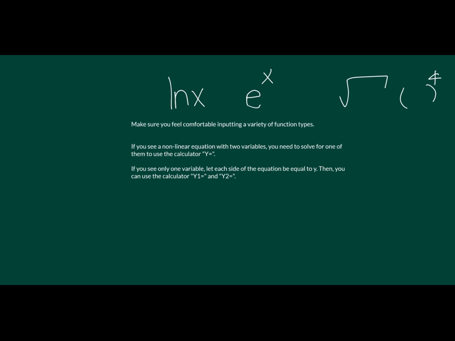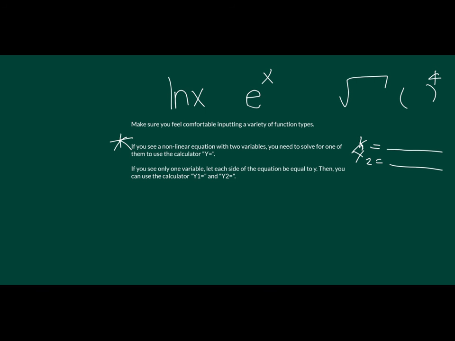Now, if you see a nonlinear equation, meaning it does not have y equals mx plus b form, and it has 2 variables, both sides of this equation should be treated as a y value. In other words, you could have a y1 equals, you could have a y2 equals, and both of those have only one variable on the other side of these equations.